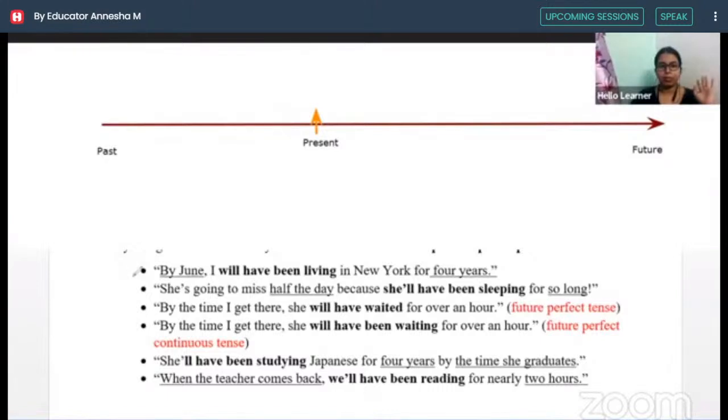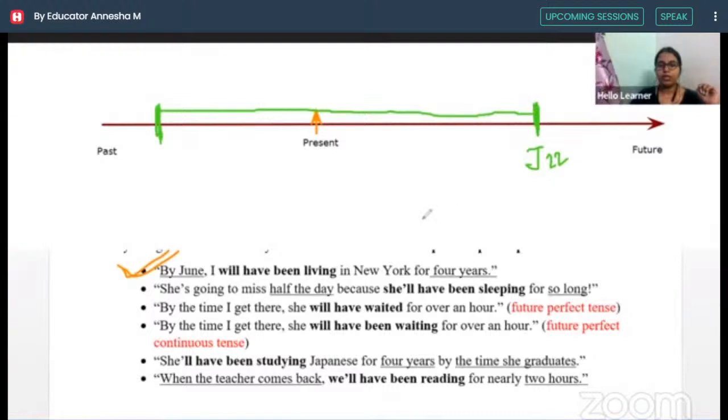Now what is being said? In the future perfect tense we will take a point in the future, any point, and we will look at this same example. By June I will have been living in New York for 4 years. So we are taking a point in the future, this point, which is June of 2022. Then we are saying that we are talking about one action that has been going on since the past. Maybe you started living in New York from this point of time in the past, and you are not calculating till the present how many years it has been. No, you are going beyond that, you are calculating till a future point in time, that is June 2022.